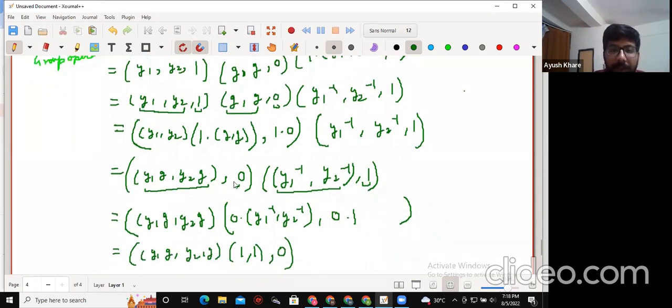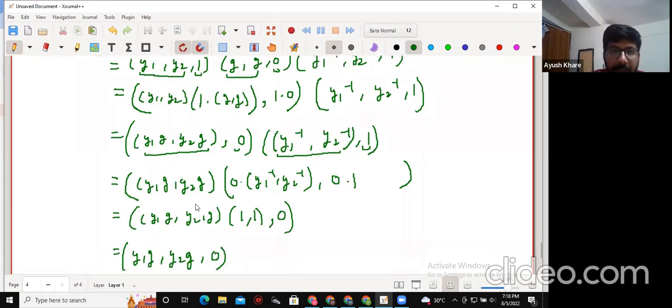Again we use the definition of semi-direct products. It says that y1g y2g, and then 0 acting on y1 inverse y2 inverse, and then here 0 dot 1. So it's y1g y2g, and here 0 dot this means this tuple raised to 0, and that means the identity 1 comma 1.